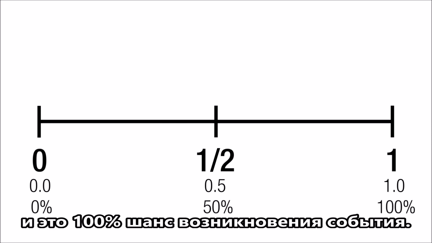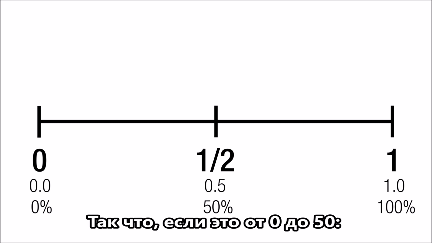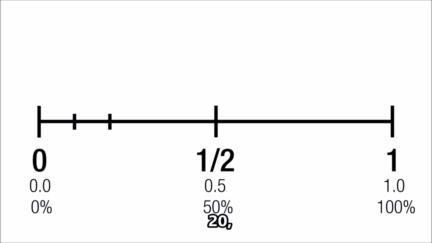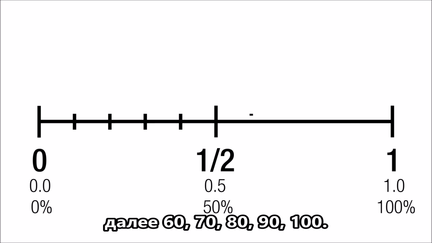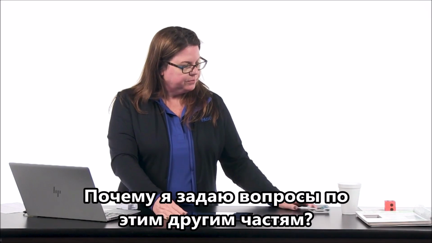And this is a 100% chance of that event. Then you also have space in between here. So if this is 0 to 50%, 10, 20, 30, 40, 50, then 60, 70, 80, 90, 100. Well, why do I worry about those other pieces?